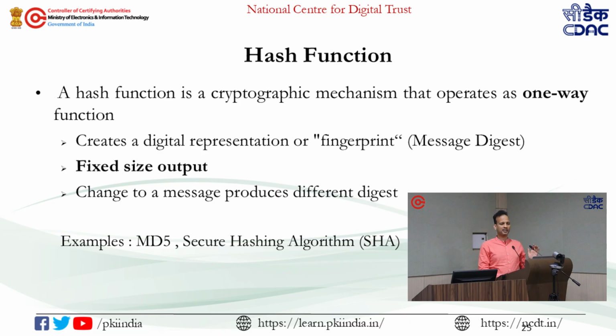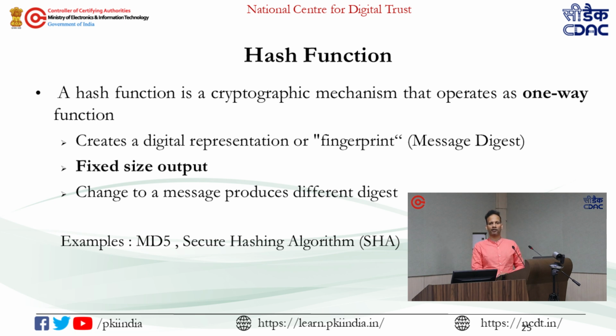Mathematically, for example, y equal to x plus 5, you can invert it, x equal to y minus 5, so it operates both ways. But a hash function only operates in one way.